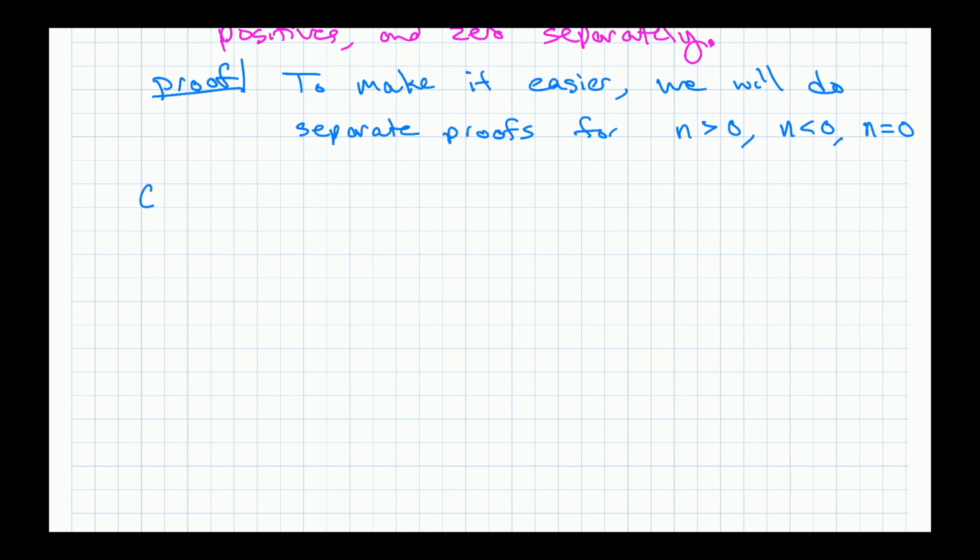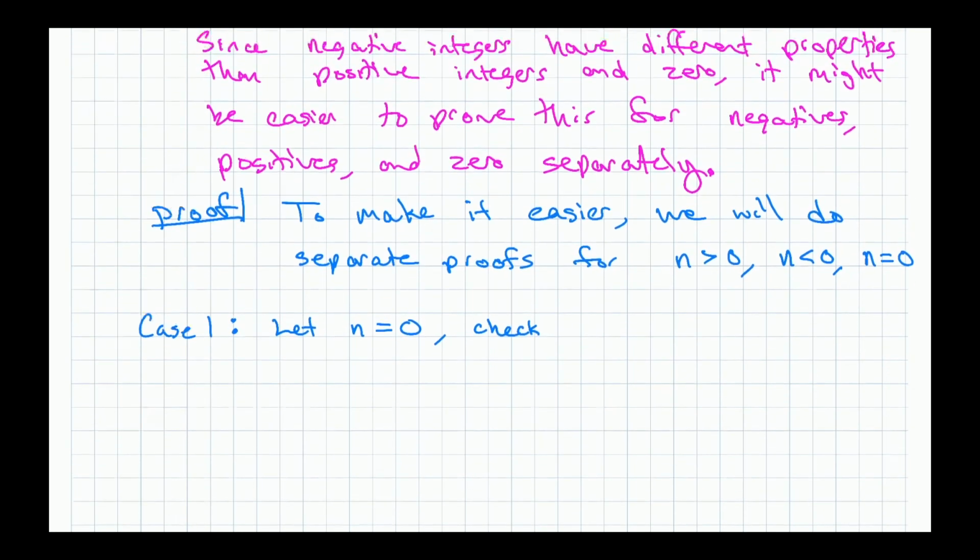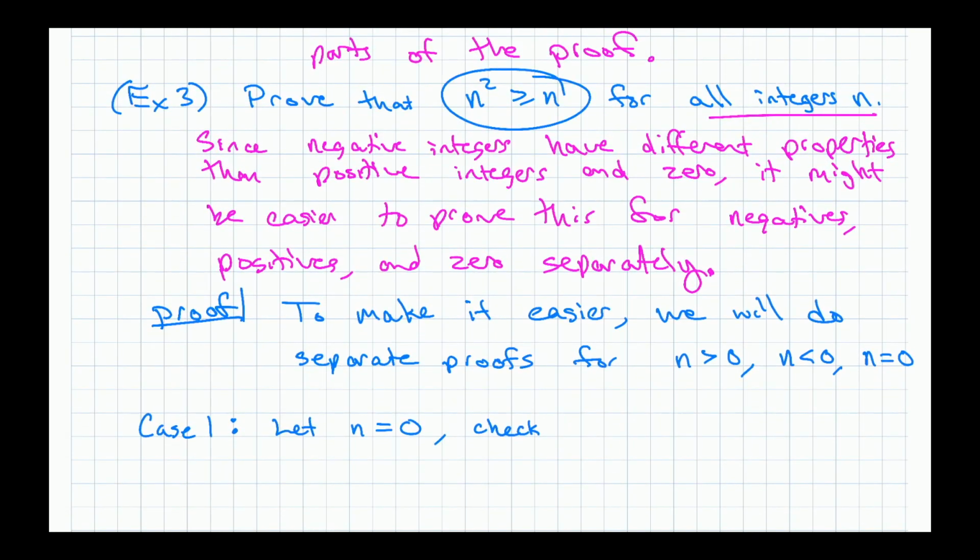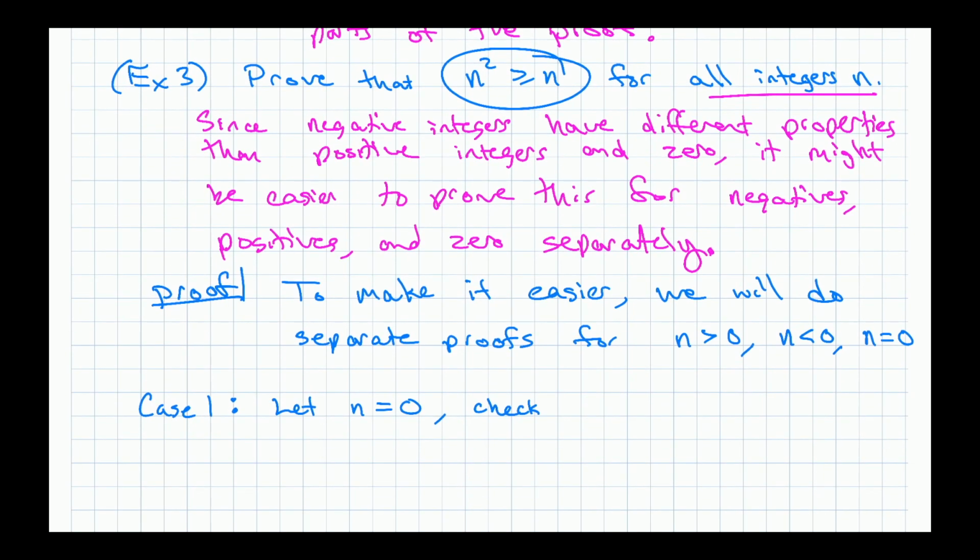So case 1, and you don't have to say case 1, but I just am. So case 1, let n equal 0. Let's do the n equals 0 case first. Okay, we want to check. What are we trying to prove? We're trying to prove that n squared is greater than or equal to n.